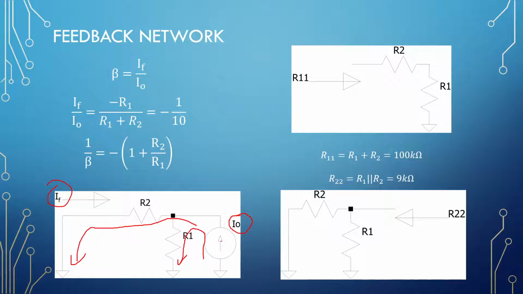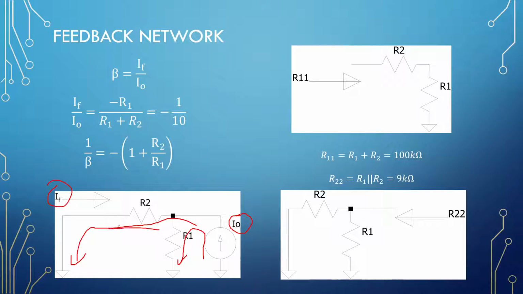The rule with current splitting is we take the current branch that we don't want over the current branch that we do want, or the sum of everything. So we don't want what's in R1, so it's R1 over R1 plus R2.